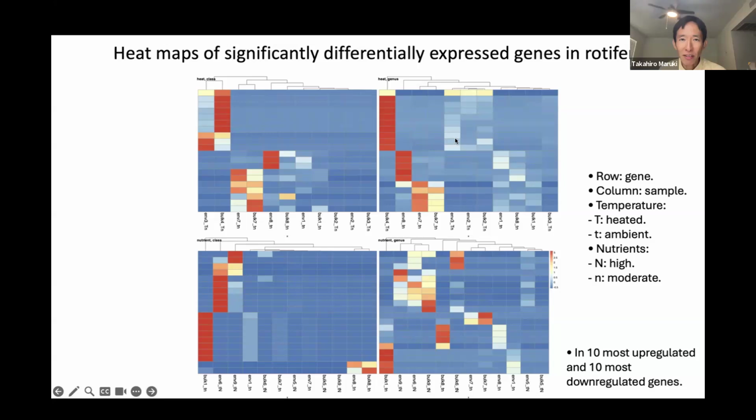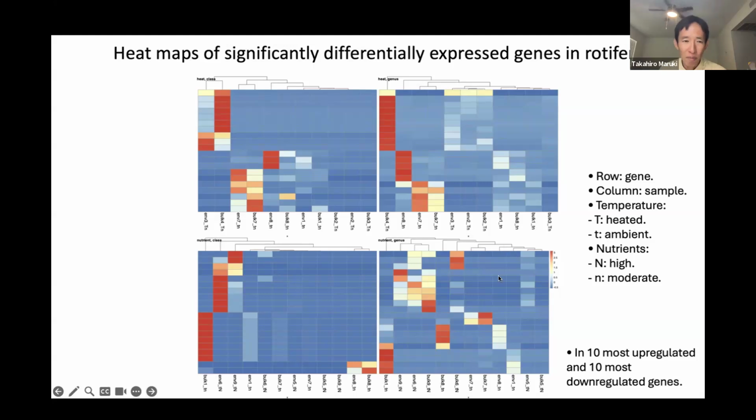The same pattern was found in the analysis at the genus level, where we also found that samples from ponds under the same temperature condition showed similar gene expression pattern to each other, indicating that these genes indeed show heat response.